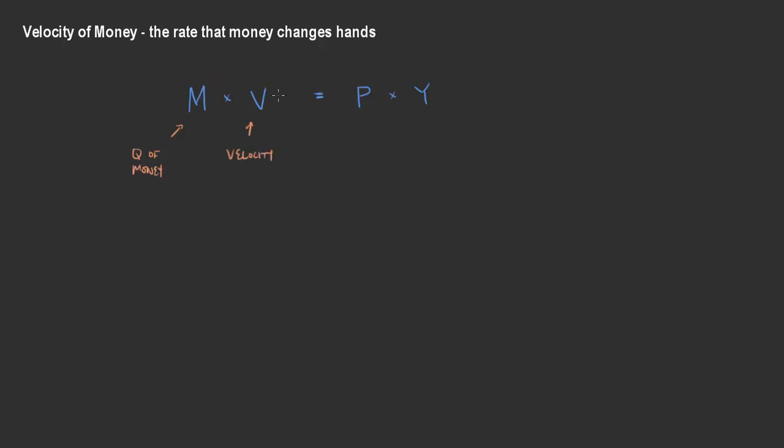On the right-hand side of the equation, we have price and we have output. So here we've got price level. Generically speaking, P stands in for the CPI or the GDP deflator, the level of prices that we've previously talked about. And then Y here is GDP, real GDP, real output in the economy.